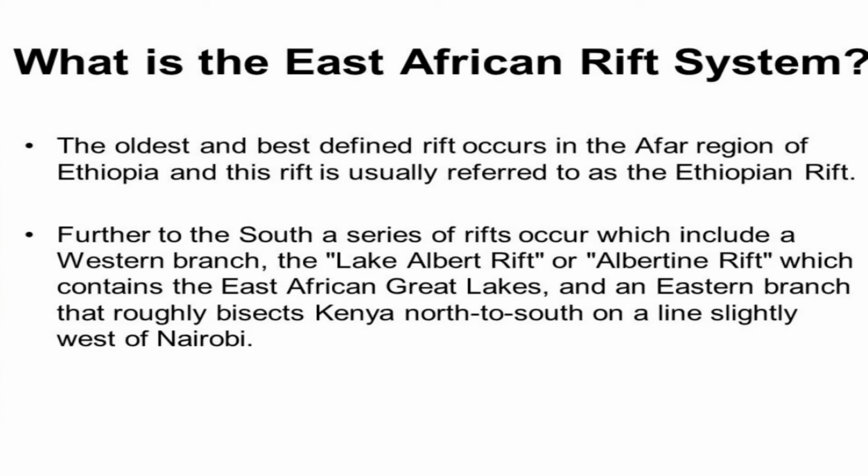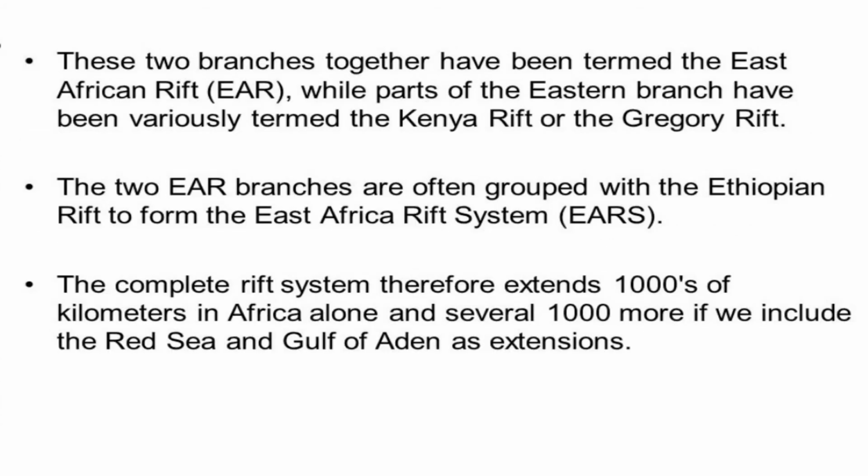Hence, the oldest and best defined rift occurs in the Afar region of Ethiopia, and this rift is usually referred to as the Ethiopian rift. Further to the south, a series of rifts occur which include a western branch, the Albertine Rift, which contains the East African Great Lakes, and an eastern branch which bisects Kenya north to south on a line slightly west of Nairobi.